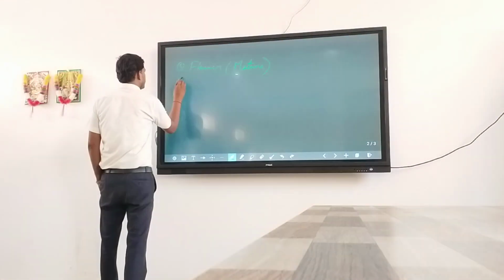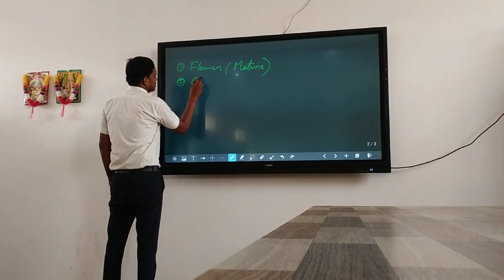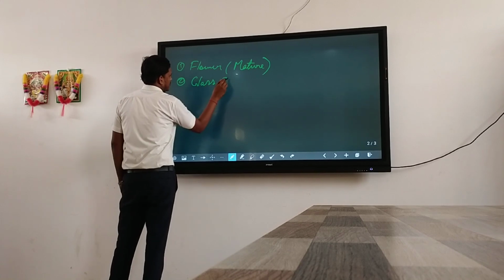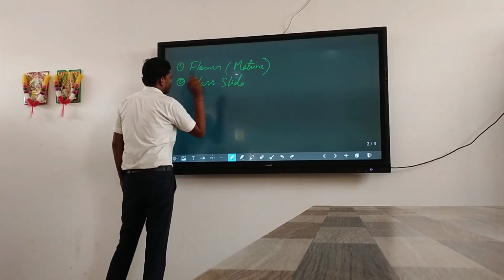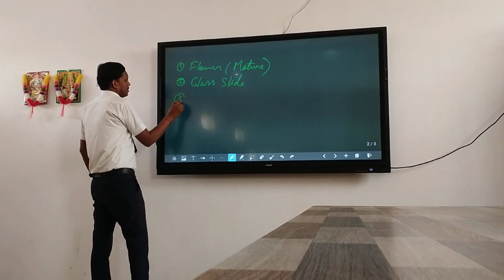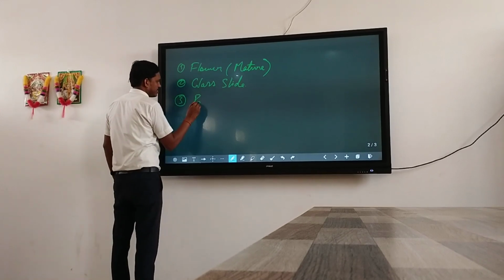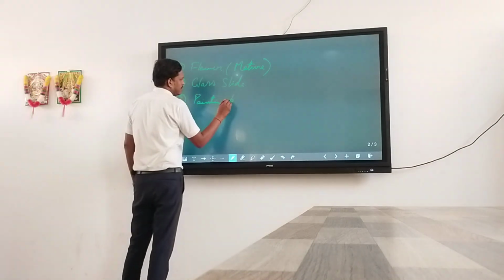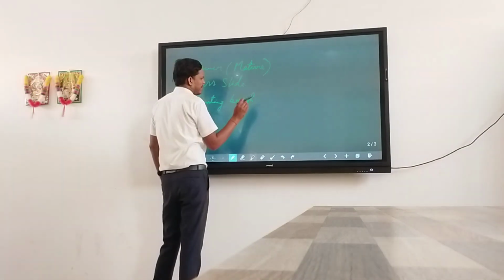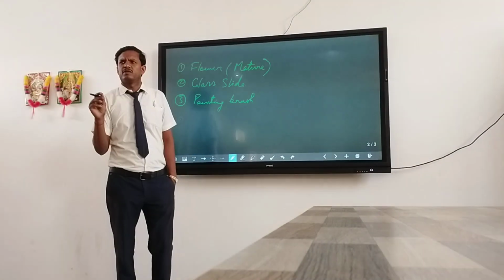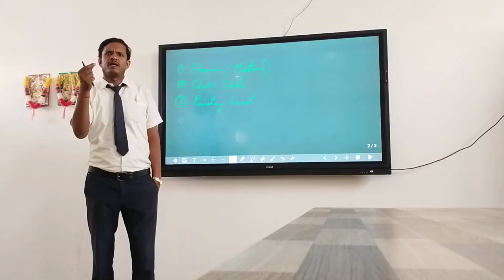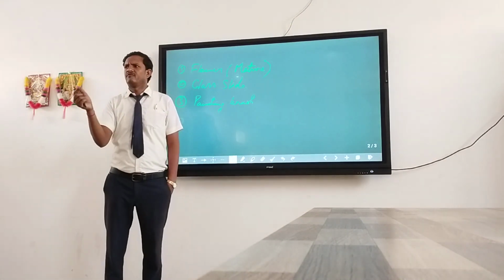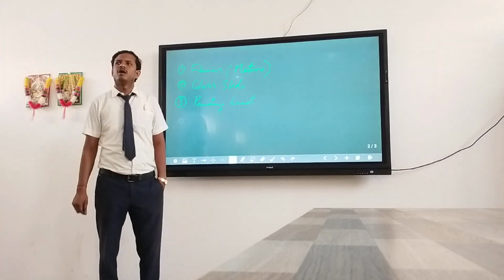Second thing, you are going to need a glass slide, and a painting brush, zero or one size, just to take the sample of the pollen grain so that we can easily dust it on the slide.